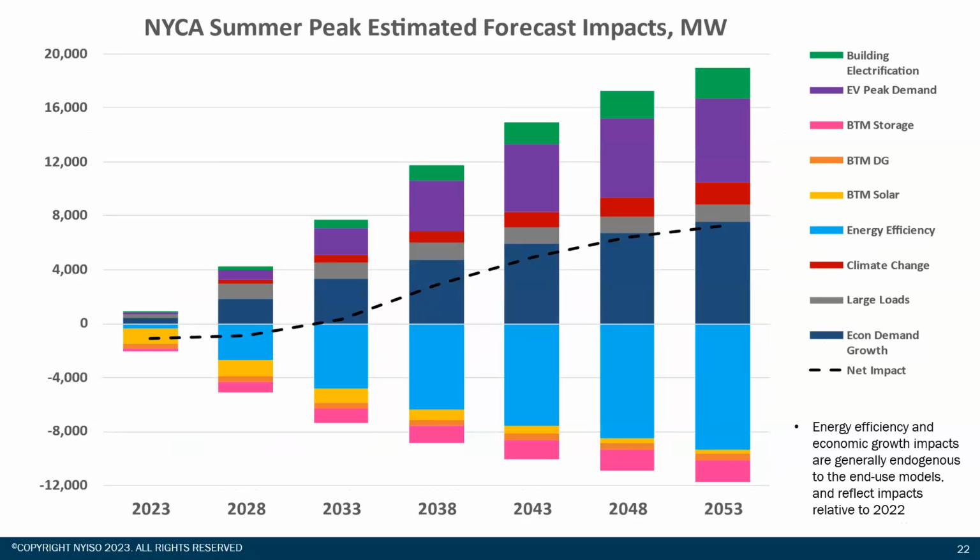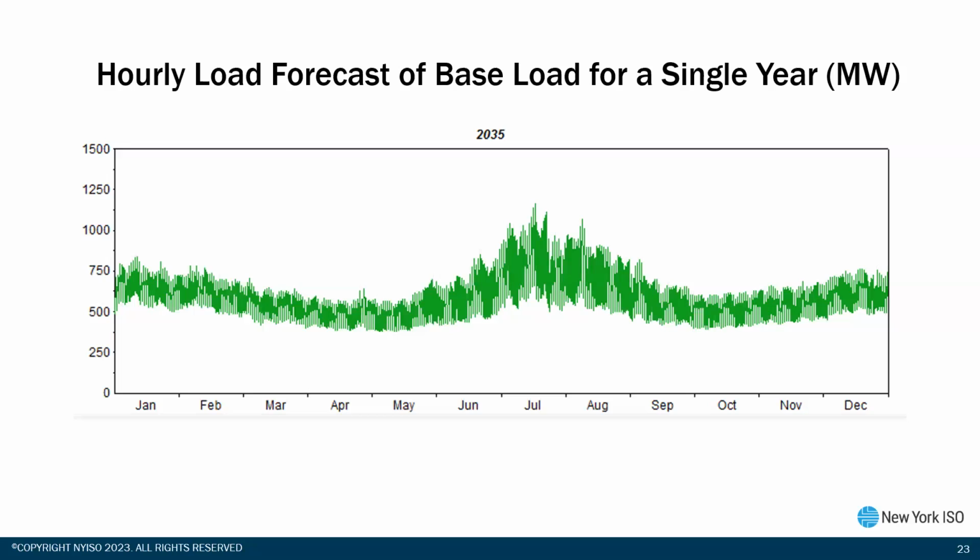This shows the components in the summer, where we have a lot of negative additions for energy efficiency and other categories. But this is how we look at all the components of the forecast. This is a view of the hourly loads in 2035.